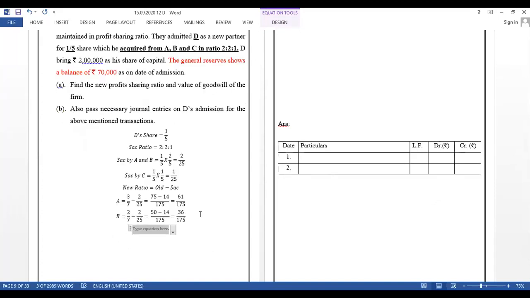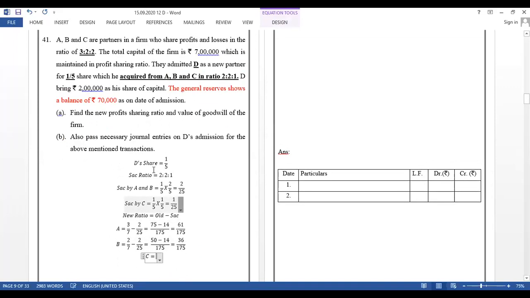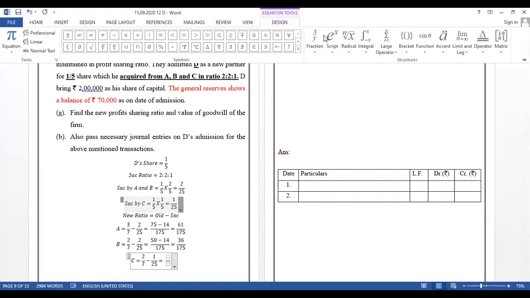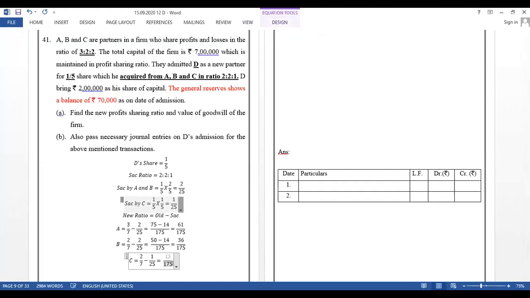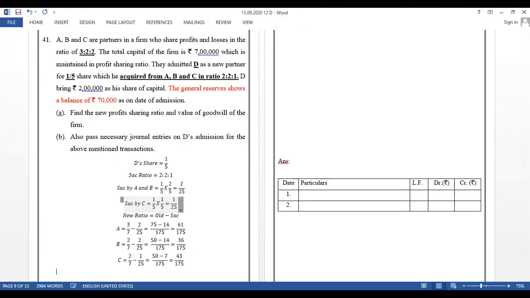C, old share can be seen as 2 by 7, minus sacrifice is 1 by 25. So again the LCM over here is the same, that is 175. 25 2s are 50, minus 7 1s are 7. So this will be 43 by 175. And finally D. What is D's share?